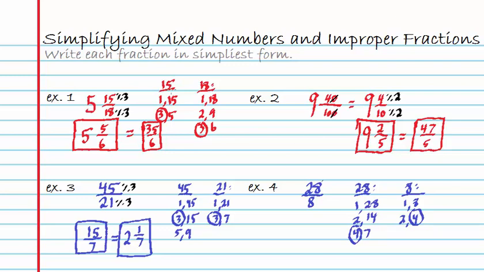So I'm going to divide out 4 in the top and in the bottom. So my simplified improper fraction, for example 4, is going to be 7 over 2, which as a mixed number, that would be 3 and 1/2. So depending on your directions, either one of these would be acceptable answers for example 4.